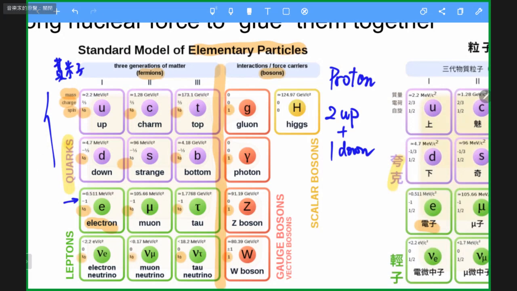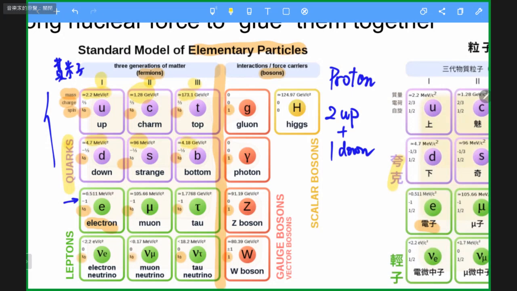Of course, there are three generations. For different generations, you need different energy to generate them. You can see the masses are 2.2 mega, 4.7 mega, and then 1.28 giga, 96 mega. For the third generation, it is even larger: 173 giga, and then 4.1 giga.